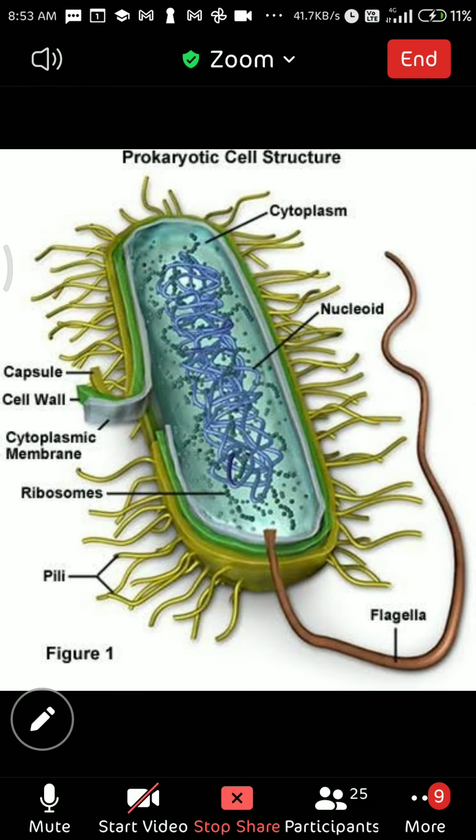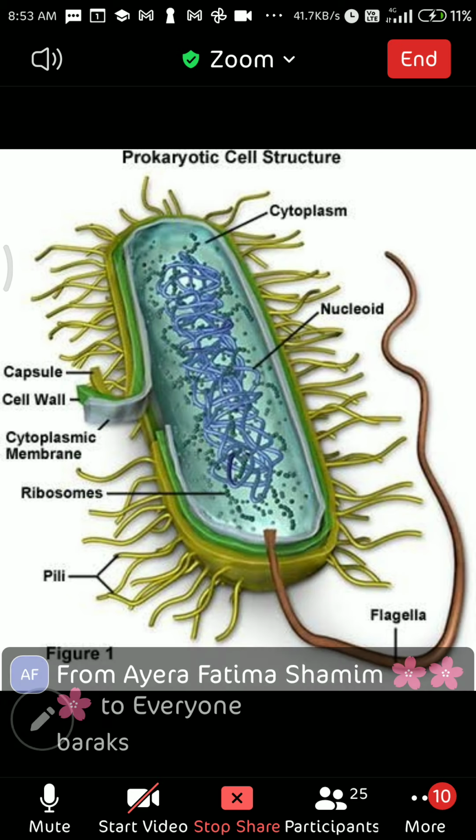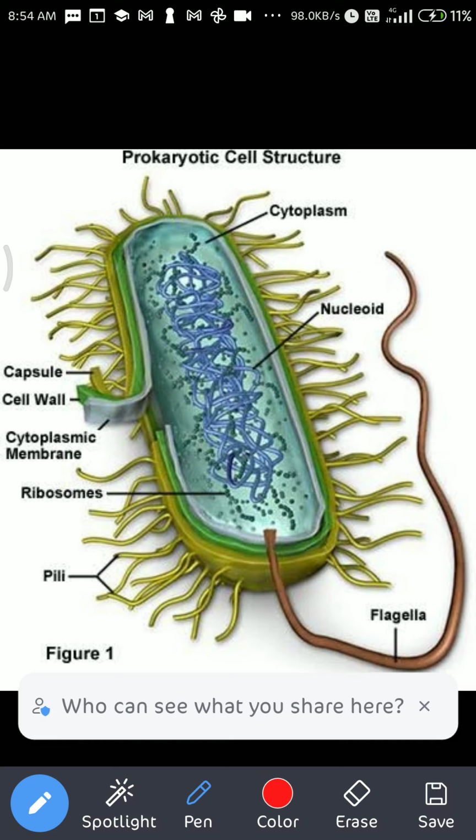So this is actually the prokaryotic cell. This is the structure of bacteria. Here you can see this structure. This is the DNA or genetic material, and it is just embedded in the cytoplasm. It does not have a nuclear membrane or proper envelope around it. As I showed you just now, in the eukaryotic nucleus a proper nuclear membrane is there. Here the nucleolus is also not there, and the nuclear membrane is also not there.